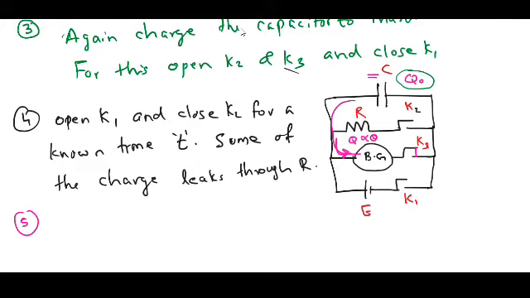So in the fifth step, the key K2 must be opened and K3 closed, K1 as it is opened. Open K2 and close K3 at once.